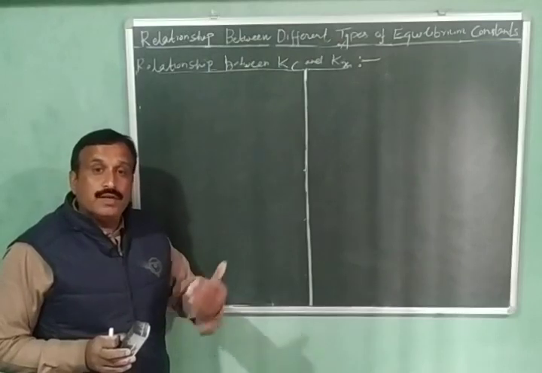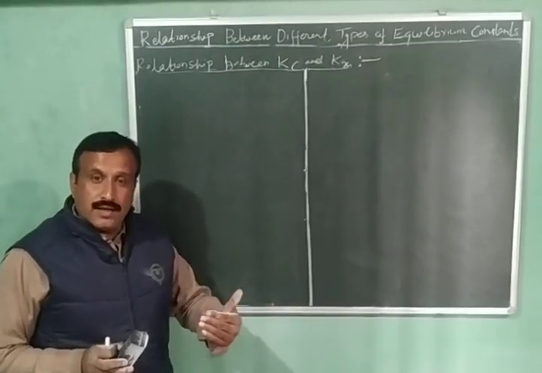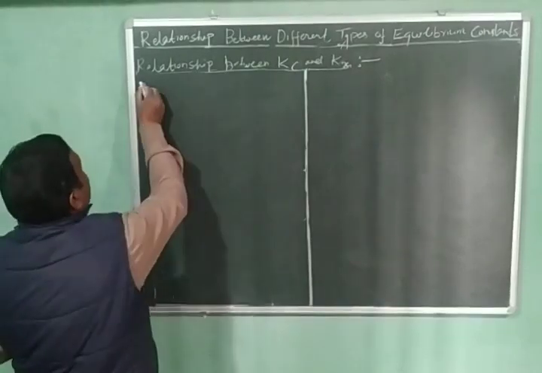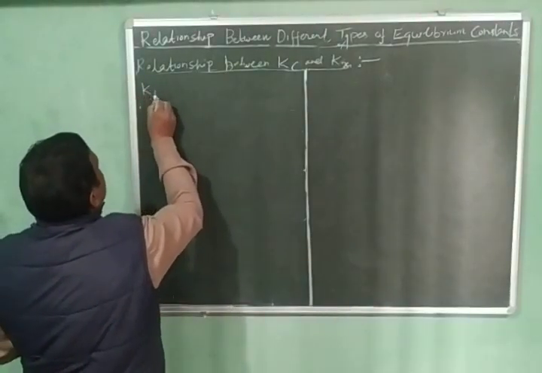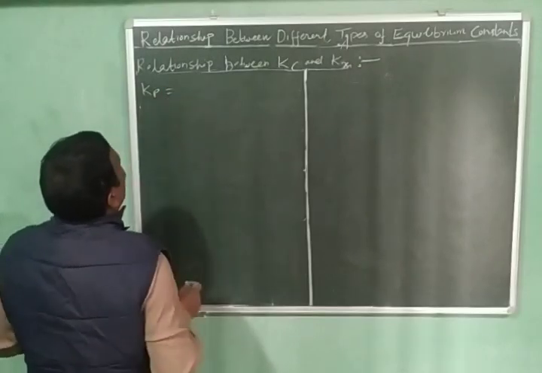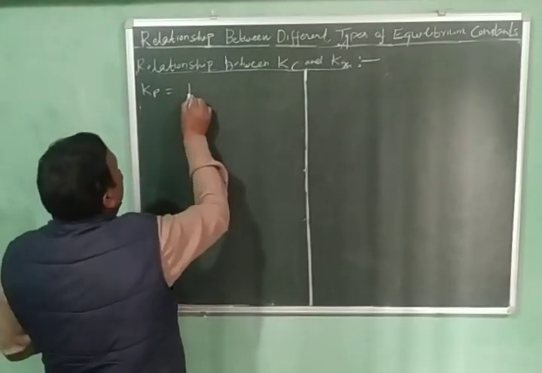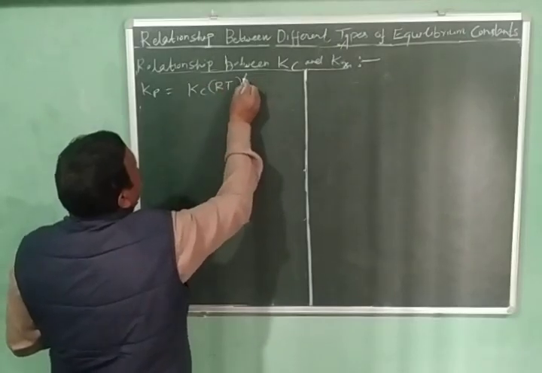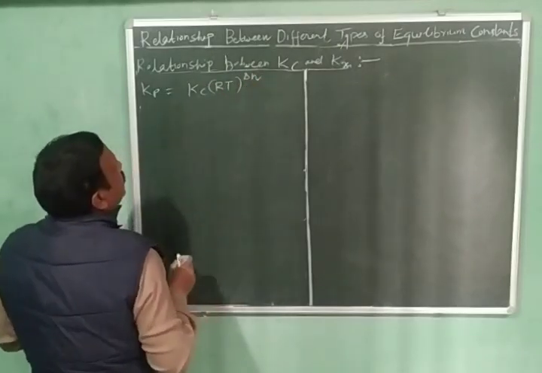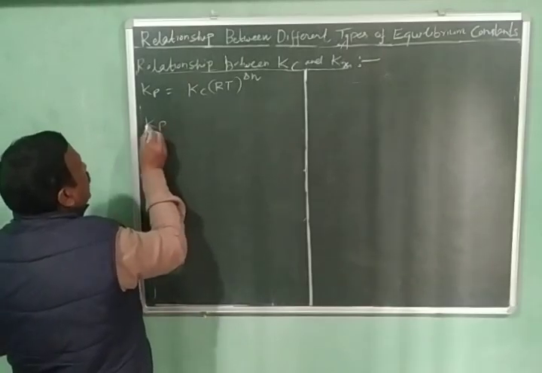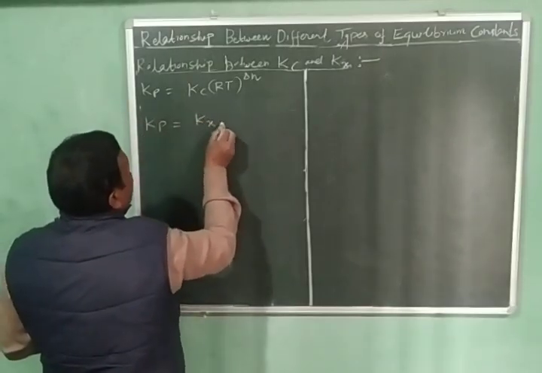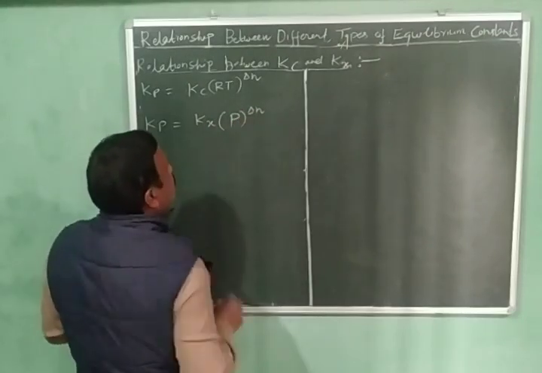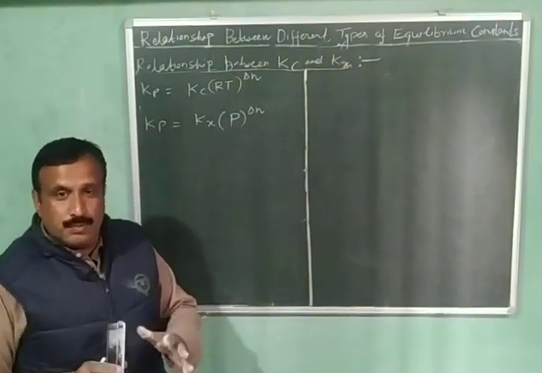The first relationship is between Kp and Kc, and the second is between Kp and Kx. That is, Kp is equal to Kc into RT raised to power delta n, and Kp is equal to Kx into P raised to power delta n. These were the two relationships we derived.